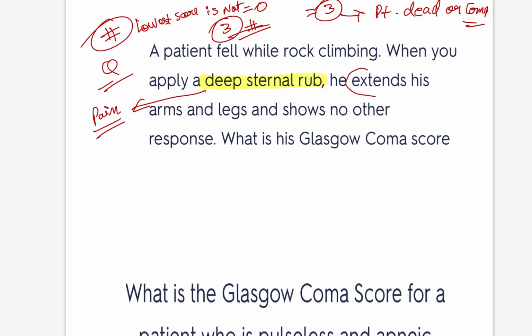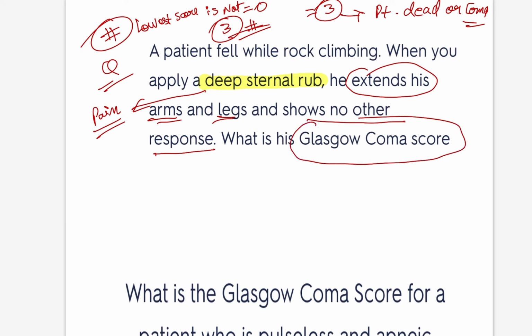He extended his arms and legs, and shows no other response. He is not showing any other response. And then he is asking what the Glasgow Coma Scale is, right?